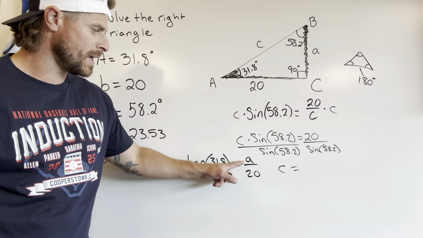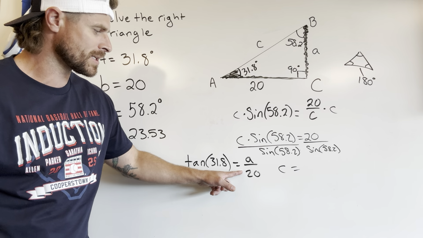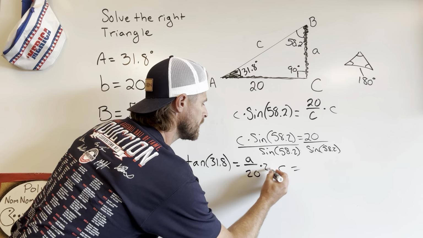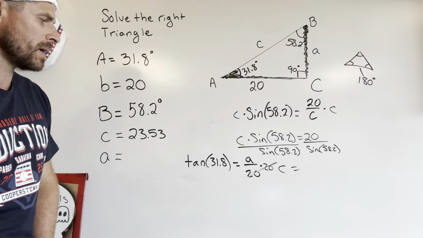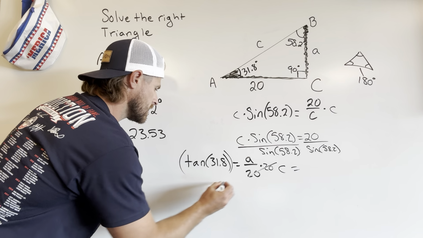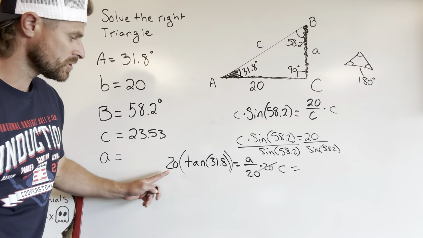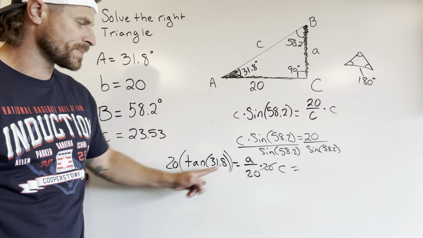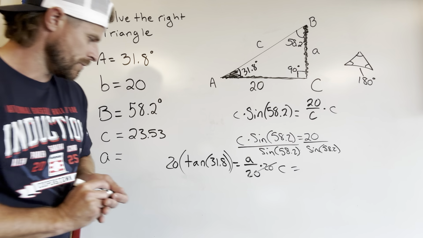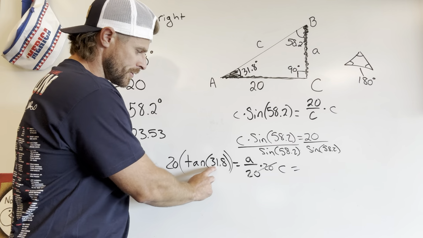Now if we want to get A by itself on the right side of this equal sign, we just multiply by 20. And that will cancel the 20 on bottom over here. We need to multiply the other side by 20 as well. And then just plug this into your calculator and it'll spit out your answer for A. So we're going to go and do that right now. We're going to figure out what tan 31.8 is.